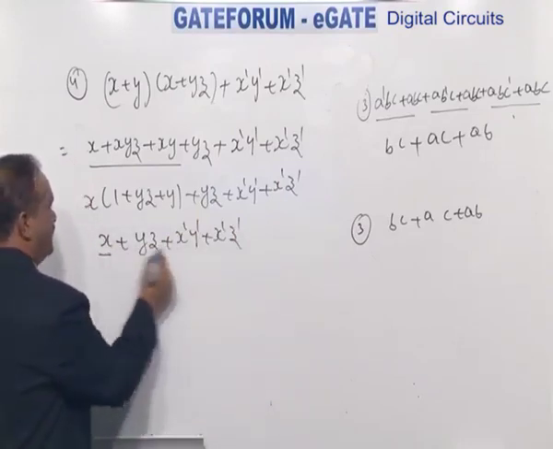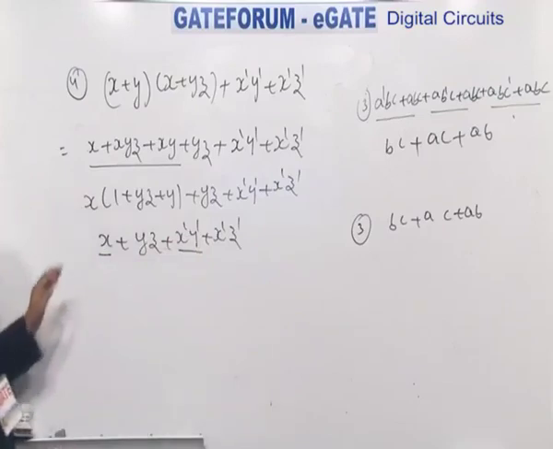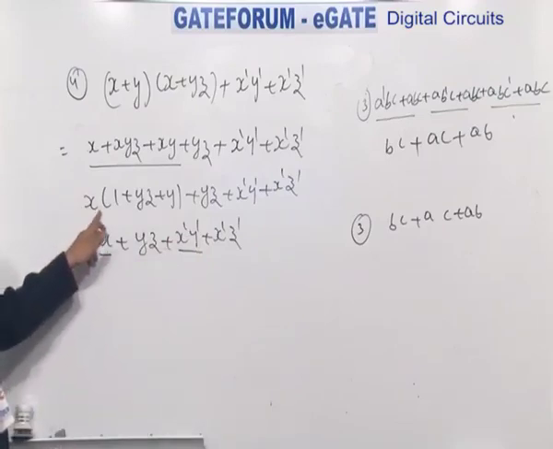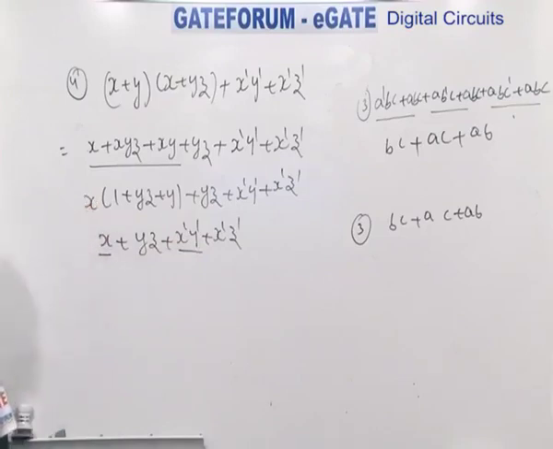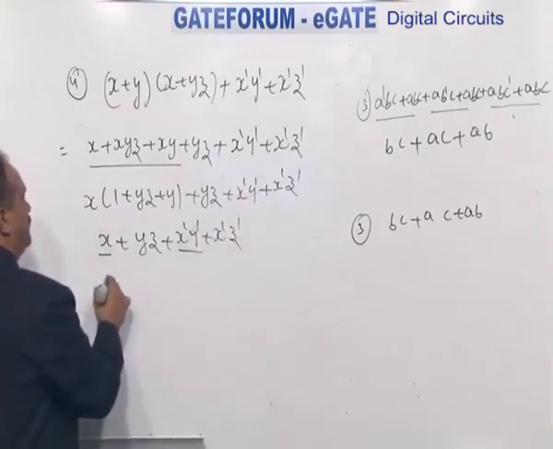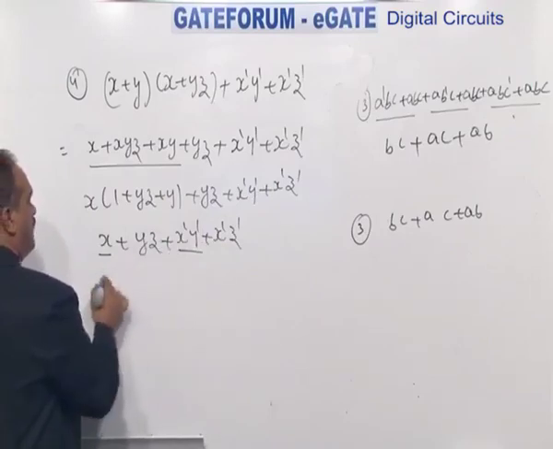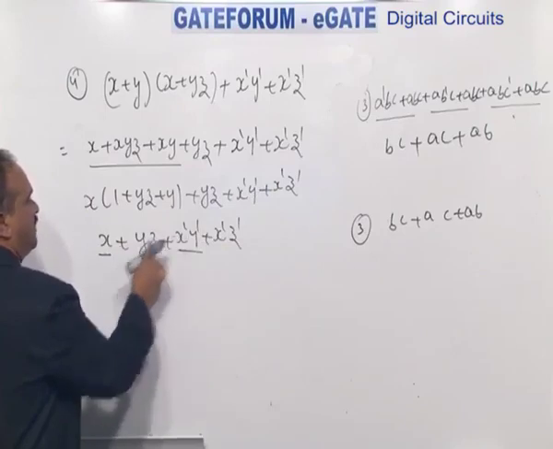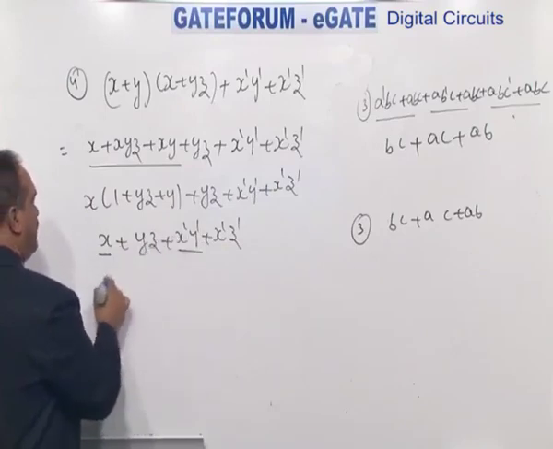Now if you take the first and third terms, here x into 1 plus yz plus y, 1 plus something is always 1. So we have written only x. So x bar y bar plus x bar z bar. Then in the first and third terms, if you take common, x plus x bar y bar, x bar can be eliminated.